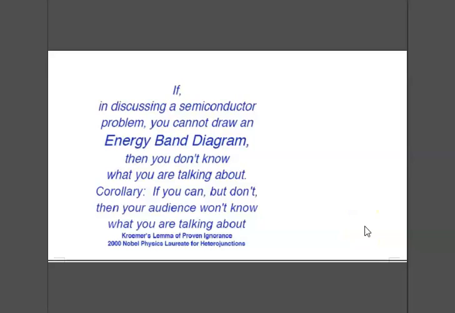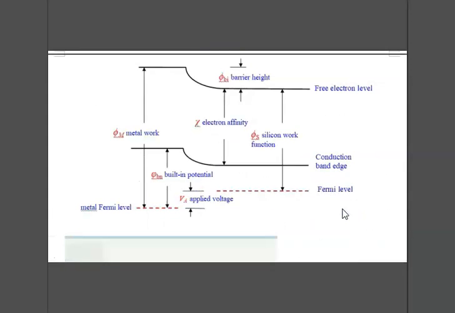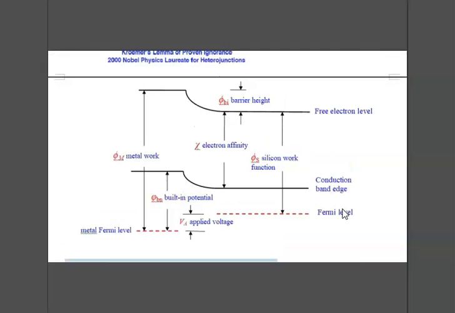It just says that the energy band diagram is one of the primary focuses of everything we do in semiconductor devices. Here's an example of a rather messy energy band diagram. And you see it's got lots of different levels and lots of different symbols.